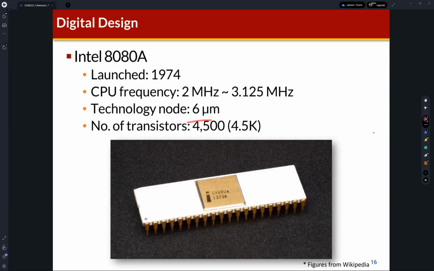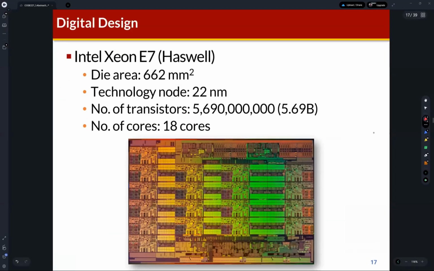This means the size of a single transistor is much larger than that of modern transistors, because the technology node determines the size of a transistor, and also the performance of a single transistor. It's very large, 6 micrometer. And then you can find the number of transistors in this chip: 4,500, 4.5K.